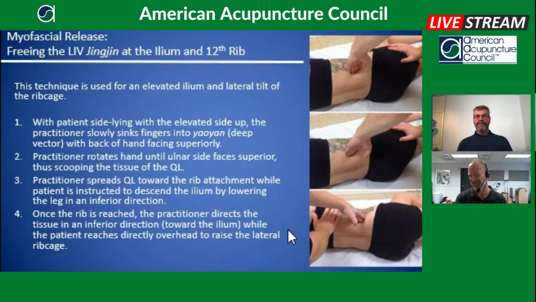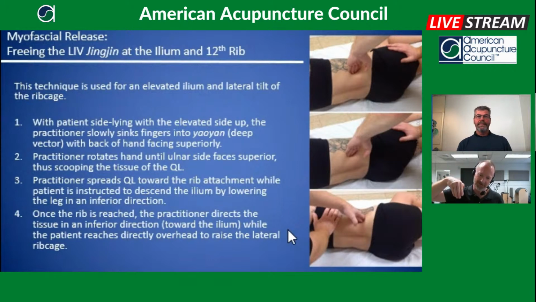You can get a needle in there, but it's hard to determine the depth, because you don't know exactly where you are when you're just going perpendicular. That's why the needle technique Matt showed was going more from lateral to medial, almost the same way my finger is there, but he was showing it with the person in a prone position. So this will be very much like the needle technique, as we'll come anterior to the iliocostalis lumborum, pretty much at Yaoyan, hugged up right against the iliac crest.